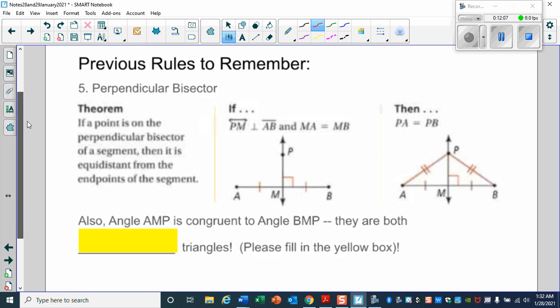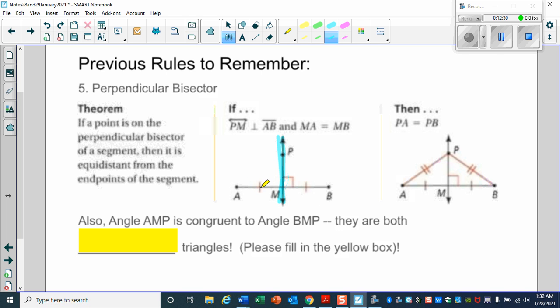Now we also have a perpendicular bisector. Remember the mirror image? We sort of have a mirror image taking place. So they're saying PM bisects AB.